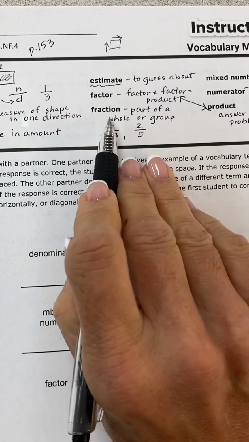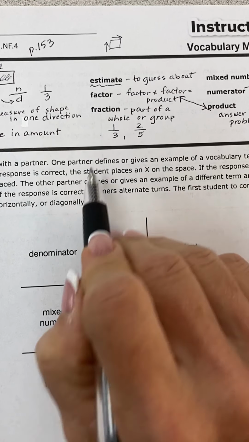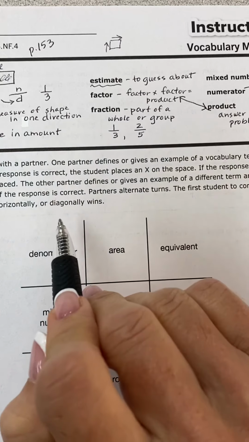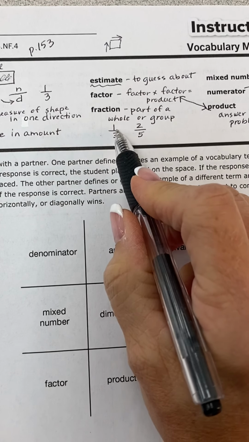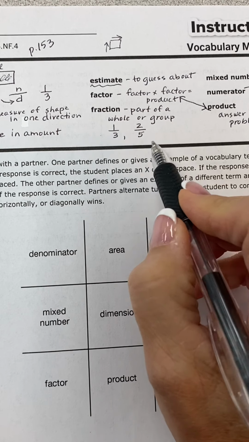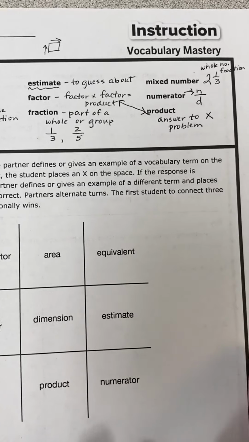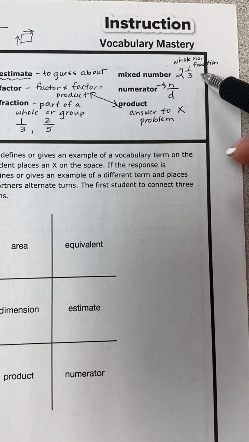Okay, a fraction is a part of a whole or a group. A fraction is part of a whole or a group of something. So you could have a whole pizza and it's 1/3 of it. You could have 5 different little blocks and you're talking about 2 of those 5 blocks. And we have a mixed number. A mixed number is a whole number with a fraction.